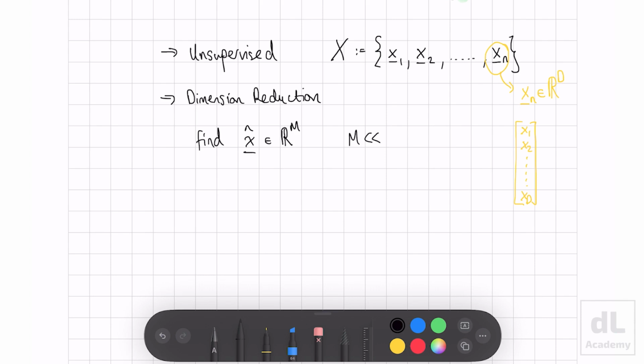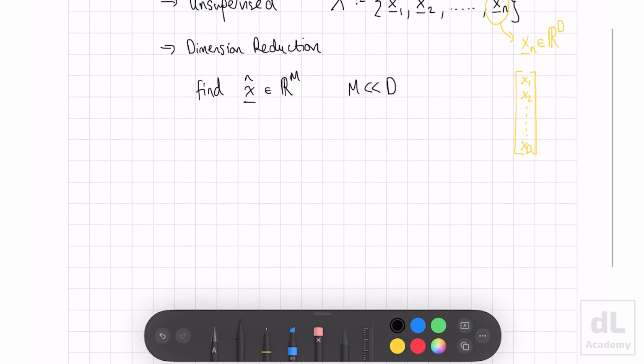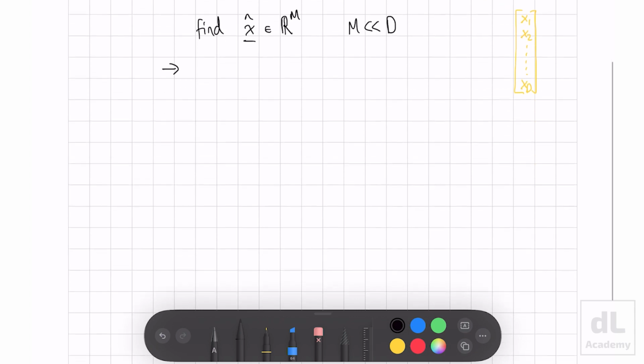We write two less than signs, much smaller than d. The idea here is that we discover patterns in this dataset x, which means that we can actually represent it in a much neater, lower dimensional way. So that's one type of unsupervised learning algorithm, which k-means isn't, so we're not going to spend too much time on it.